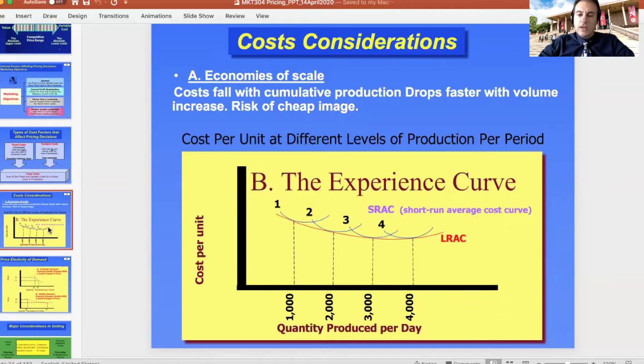The experience curve is different in the sense that with more experience, you become better at producing. If you're starting a business and you don't have much experience, you make mistakes that eventually you learn from and you become better at doing it. If people are more trained, if people are more used to working with each other, there's some kind of experience curve that happens, and therefore you become more efficient.